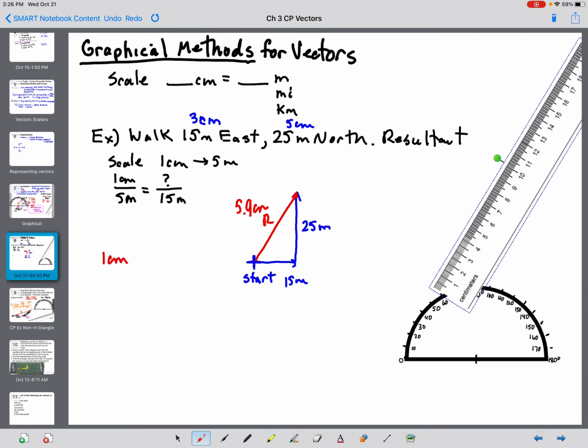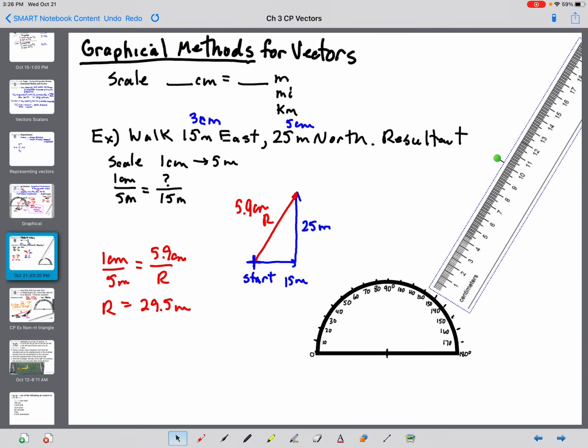So 1 centimeter is 5 meters. We just measured a line to be 5.9 centimeters long. What's the actual length of that? And so then we solve that down. 5 times 5.9, and that's going to give us 29.5 meters.